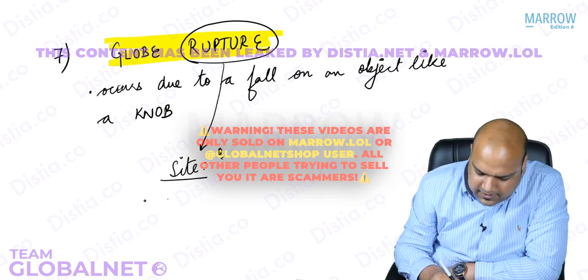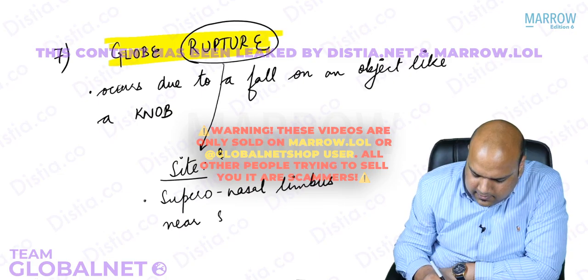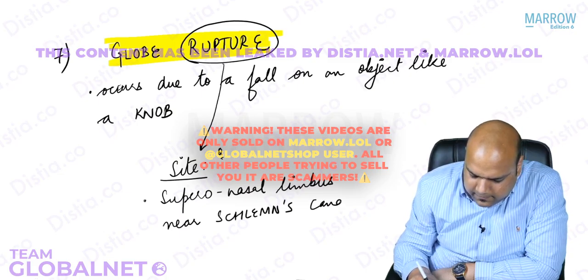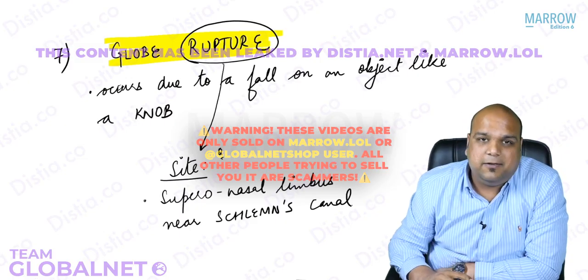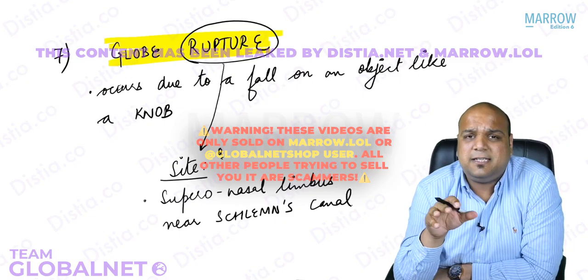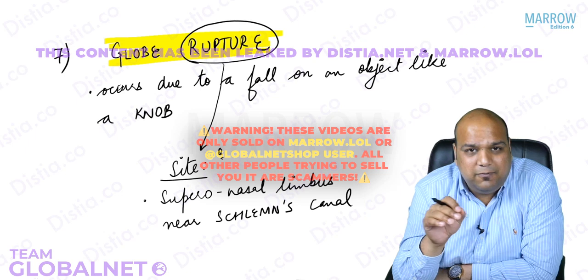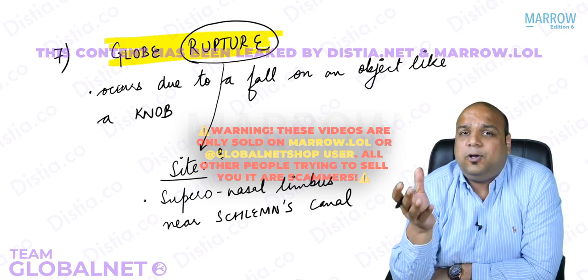So the site of rupture, please remember, is most commonly the supranasal limbus near Schlemm's canal. That is the site of rupture, everybody. I hope we are able to learn this simple fact. This will occur in very rare cases of blunt trauma, but nonetheless, yes, this can occur. Okay, everybody? And that's all about blunt ocular trauma.